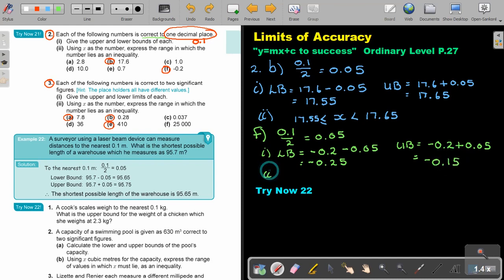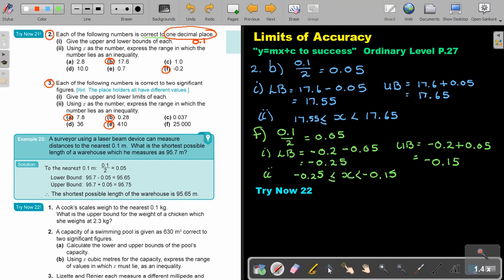And then for my second one, it's just going to be x, and I'm just going to write negative 0.25, and negative 0.15. Just take note, no equal sign. Okay, let's look at number 3.